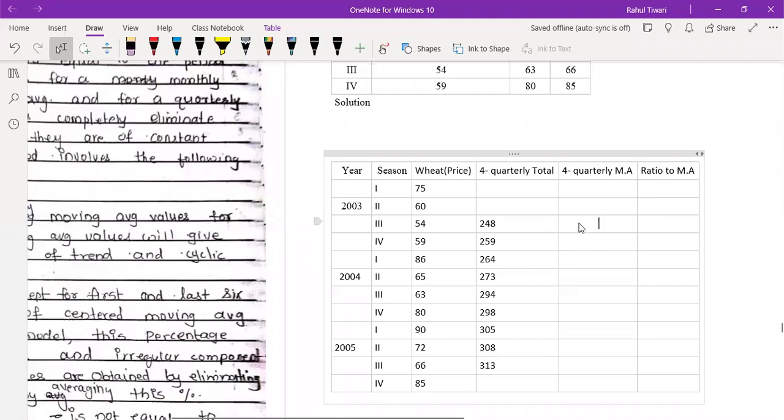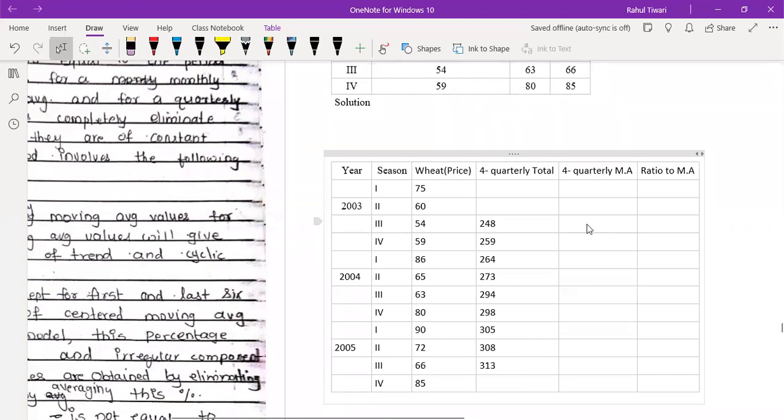Now we need to obtain the average of these two values and divide by 8. So how much is it coming?